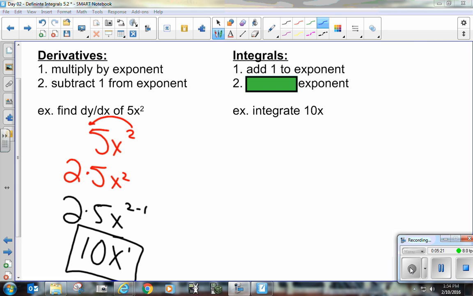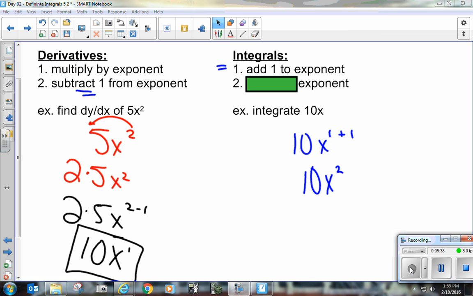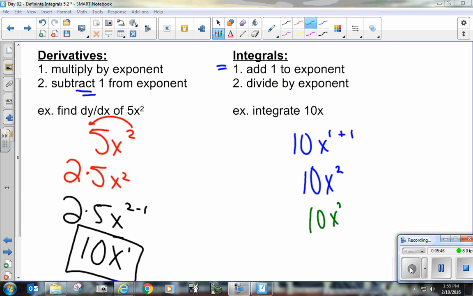I ended by subtracting 1, so instead of ending, I'm going to start, and instead of subtract, I'm going to add. So I've got 10x to the 1, and I start by adding 1 to the exponent. So now I've got 10x squared. Now, instead of multiplying by that exponent, I'm going to divide by that exponent. So now it's 10x squared over 2. And what happens between my 10 and 2?